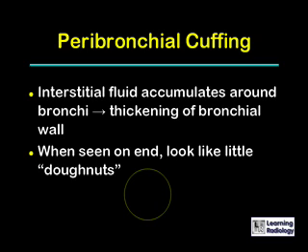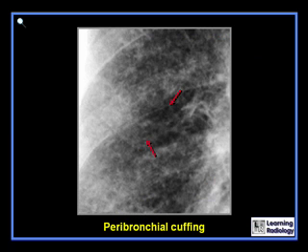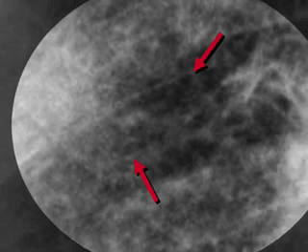Normally, the bronchial wall is extremely thin and is usually not seen well on a chest radiograph, but when the wall becomes thicker, then they appear in the middle third of the lung as these tiny circles. Now, they don't have to be perfectly round, but they look like you see in this photo of the red arrows pointing to the lucent centers with a white rim around them that represents peribronchial cuffing.